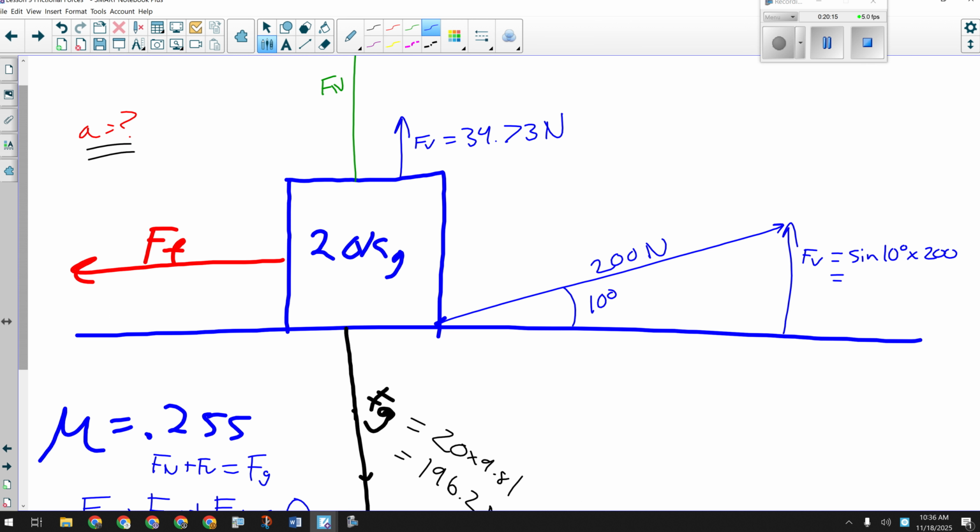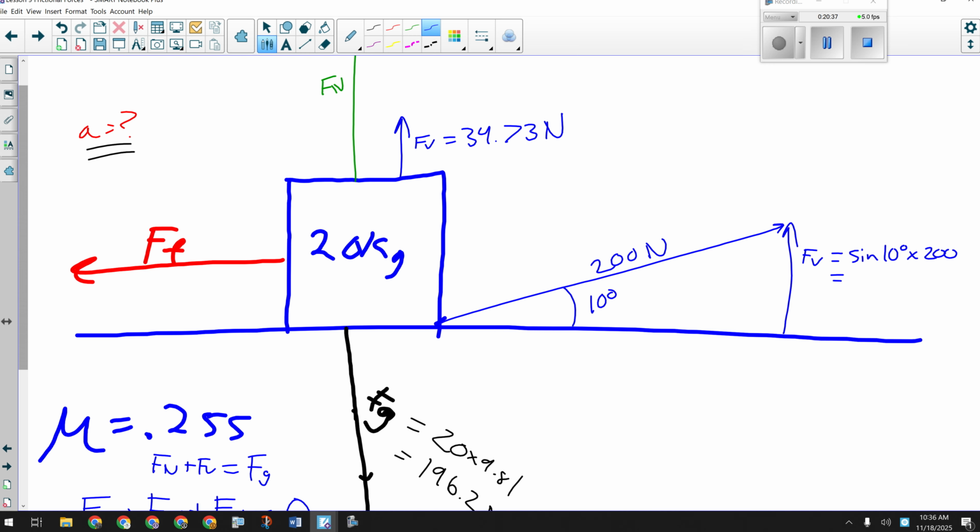Okay, should I also at this point calculate its horizontal component? I mean, if I'm doing trig, I'm going to need that number because it wants to know the acceleration of the box. The box is going to accelerate that way given what I'm seeing here. Okay, so I'll probably need to know how much of that 200 newtons is acting along the floor.